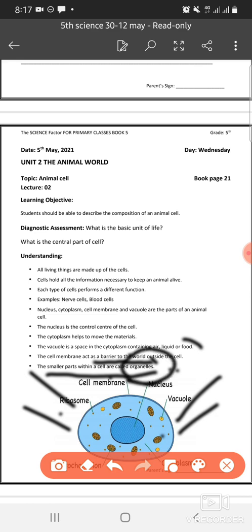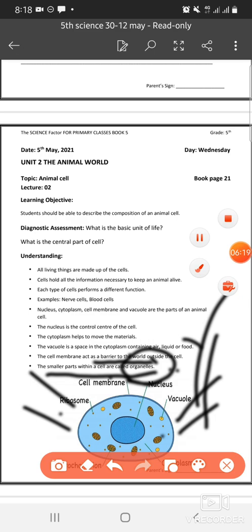And these are also specified for their proper functioning, but they are smaller in size. Okay, this was the structure of an animal cell, and the specific main four parts are cell membrane, nucleus, vacuole, and cytoplasm, and some other smaller parts are also present, and these are called organelles.